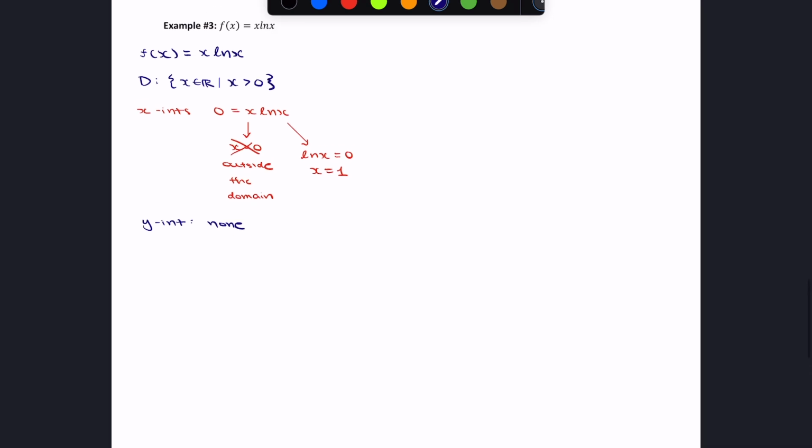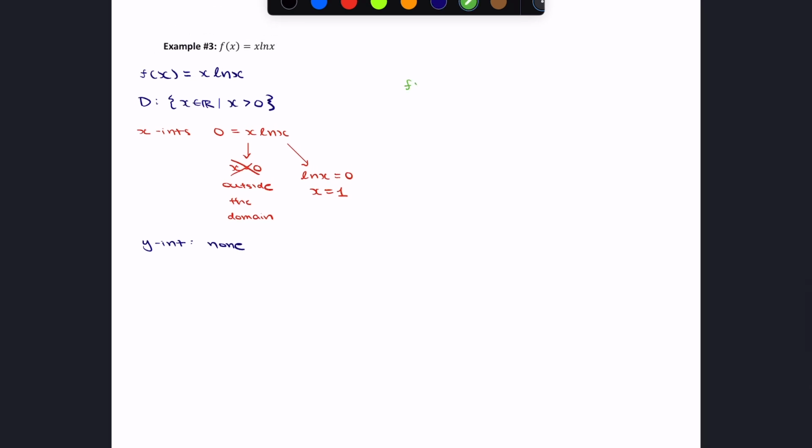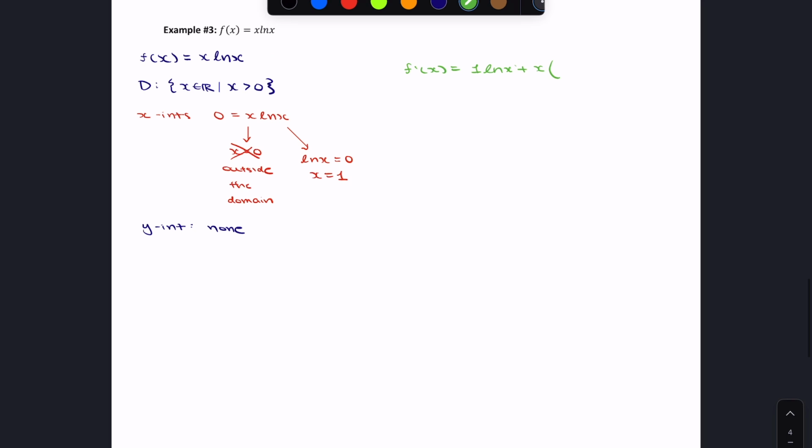Okay, so if we find our first derivative here, using the product rule, we'll derive the x, which is 1, keep the ln x, and then keep the x and take the derivative of ln x, which is 1 over x. So that will be equal to ln x plus 1 when we simplify it.